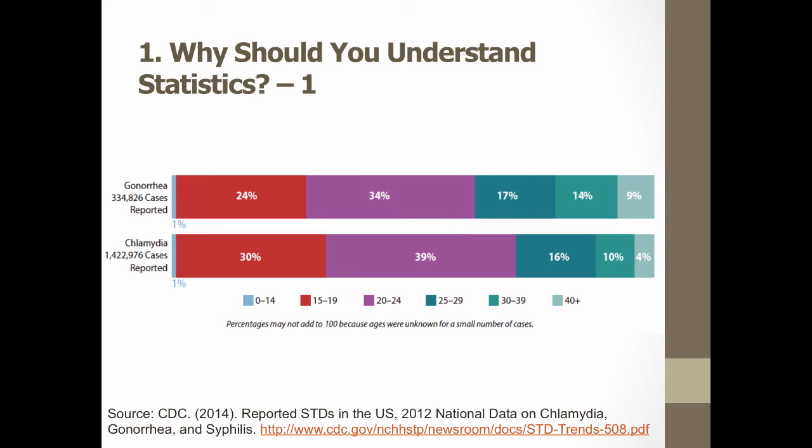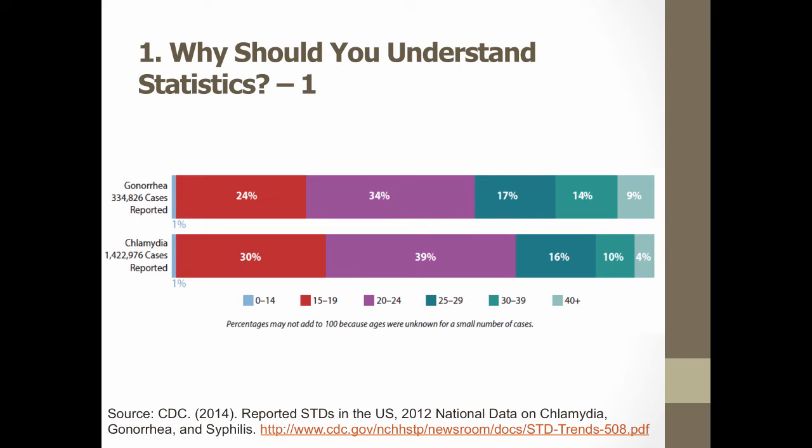So we can say that the majority, right, we can see that 58% of the 300 plus thousand cases of gonorrhea occurred in younger adults, 15 to 24-year-olds. Most likely your age group, your peers. Hey, you might even be one of those cases. And so given that, that kind of gives us an idea of who's being affected most by this particular STD.